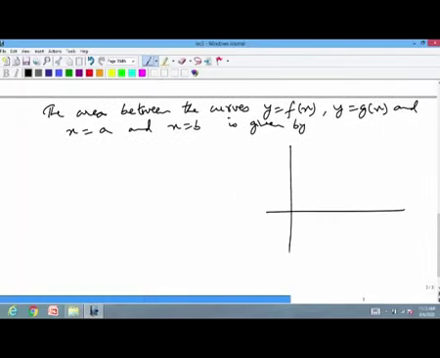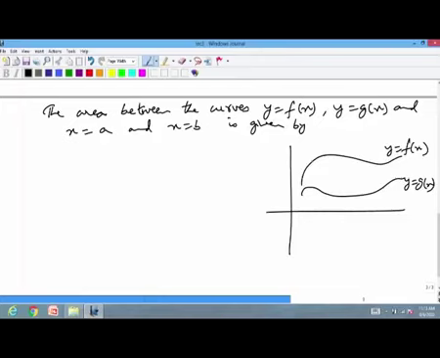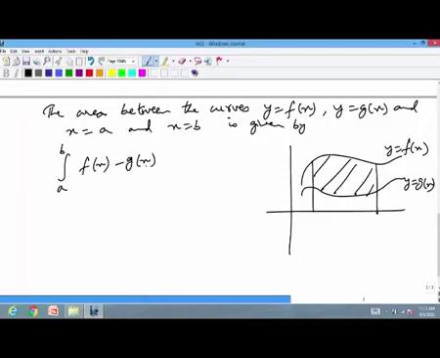Suppose we have two functions f x and another function g x, and we need to find this area. In this figure f x is greater than g x. So, this will be the integral from a to b of f x minus g x dx, if f x is greater than or equal to g x.